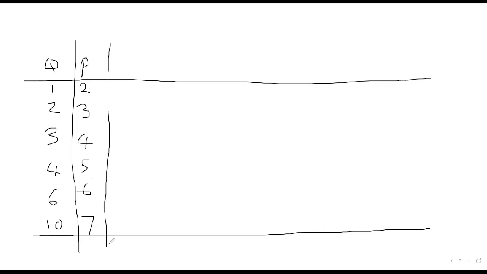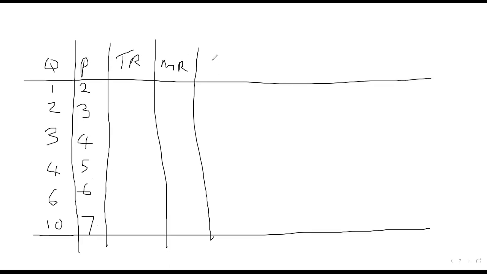Then you are asked to find the total revenue. How do you find the total revenue? You're asked to find marginal revenue. How do you find the marginal revenue? You're asked to find the average revenue. How do we find the average revenue?